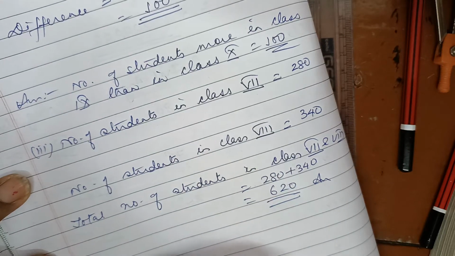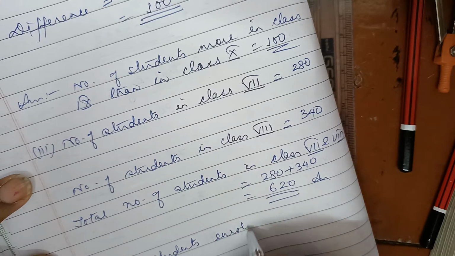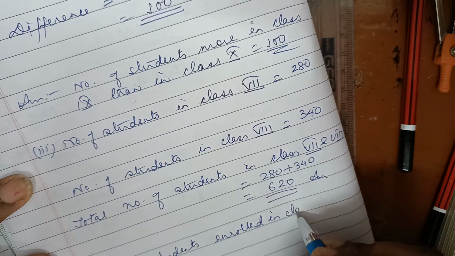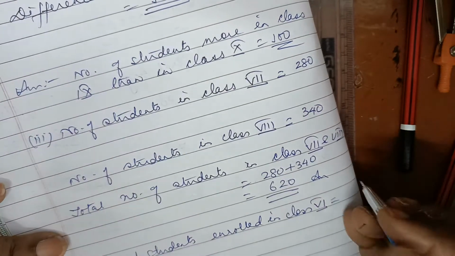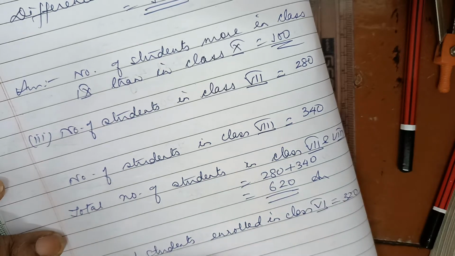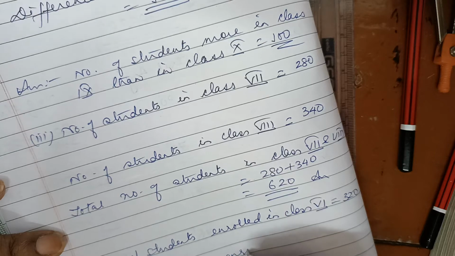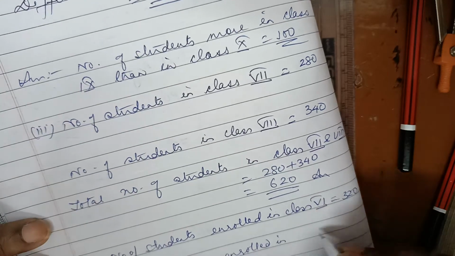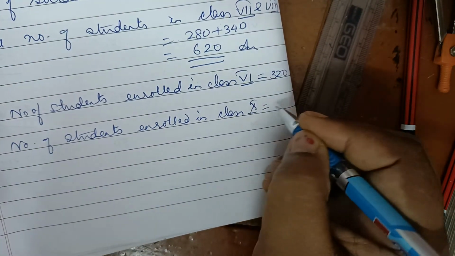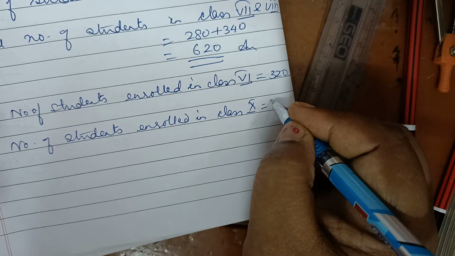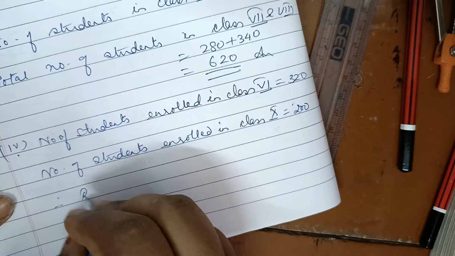The number of students enrolled in class 6 is 320. The number of students enrolled in class 10 is 200. Therefore the ratio we have to find out.